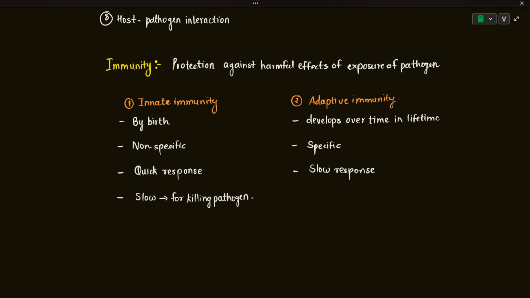On the contrary, even though the adaptive system's response is slow, the whole repertoire it follows is very quick. So it has a slow response to pathogen entry, but it reacts fast in killing pathogens.